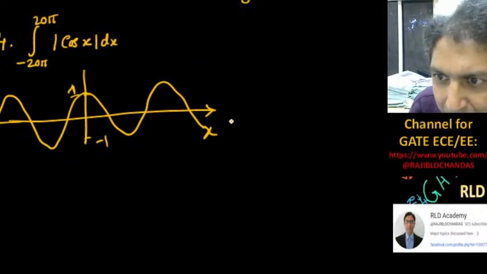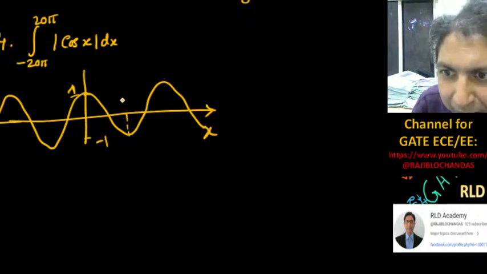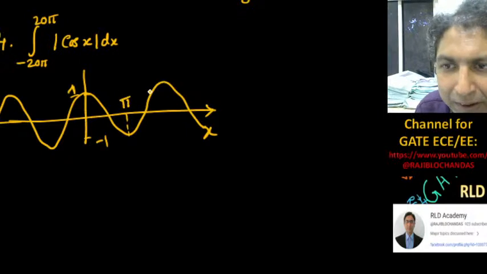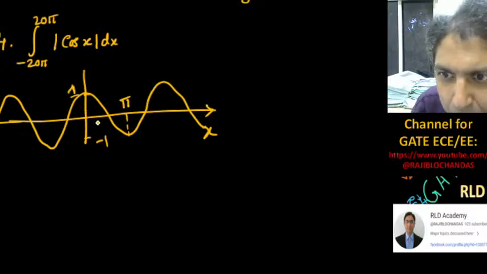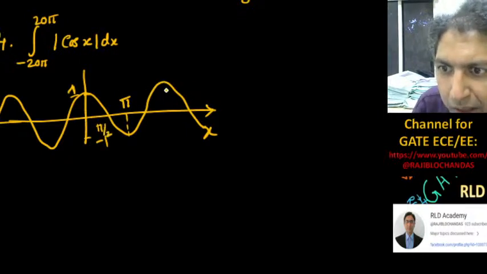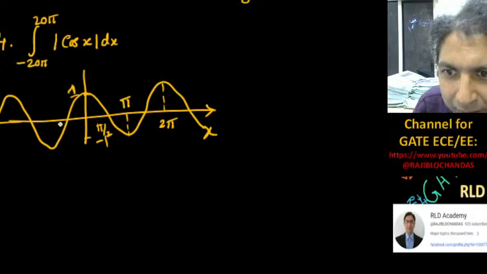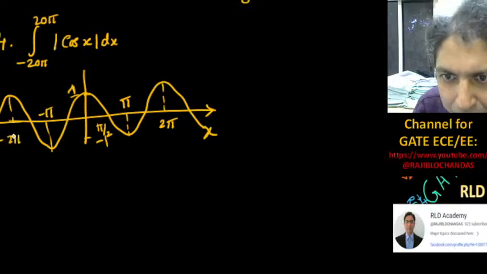And you can understand that this value at cos pi, it is minus 1. This is your pi by 2, and this is again it is 2 pi. Okay, this one is minus pi and this one is minus 2 pi.